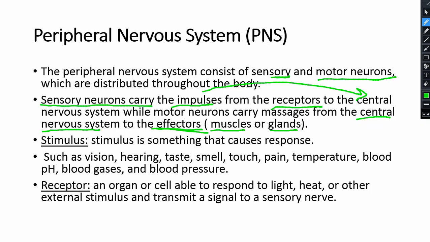Now what is the example of glands? For example, if the temperature of your body starts rising, this rise in temperature will be detected by your body, and the sensory neurons, which are present in all parts of the body, will transfer that message to the brain that the temperature inside the body is rising.